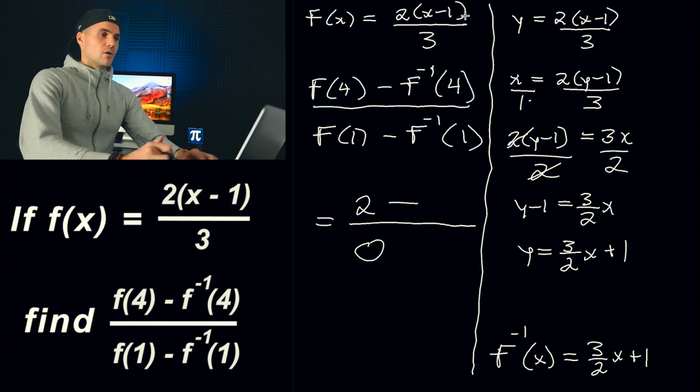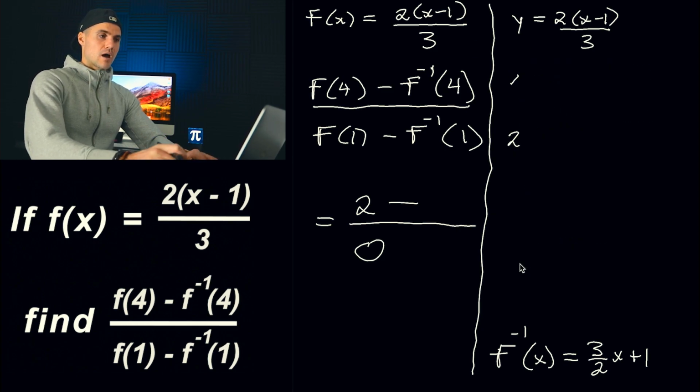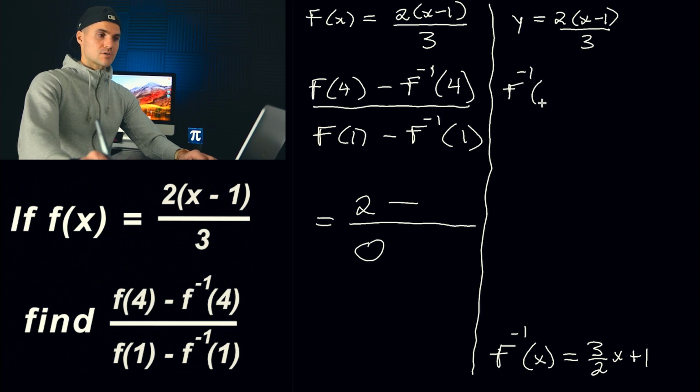Now, since we have the inverse function, we could just find what the inverse is at this value of 4. We would just plug in 4 for x in the inverse function that we just got.